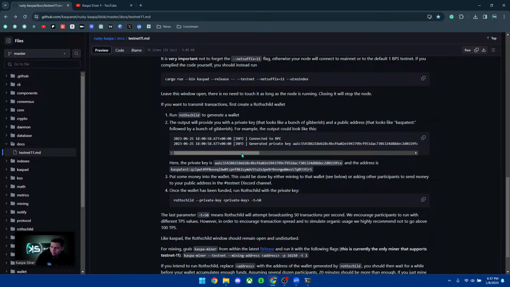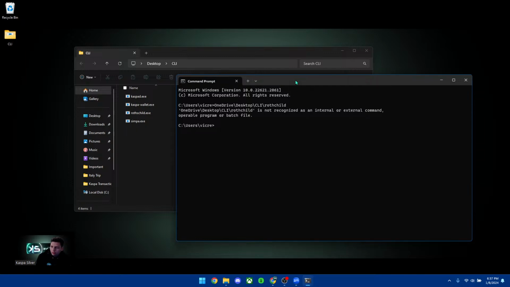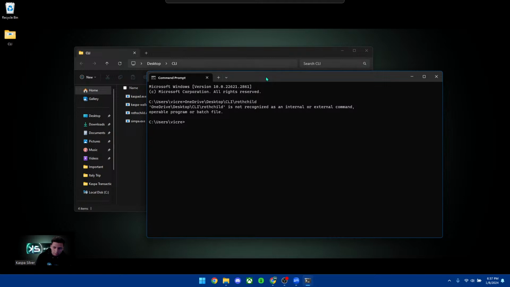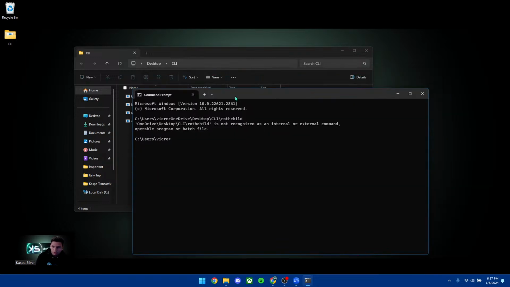For example, the output could look like this. Okay, so I'm just gonna go ahead and click enter on this. Okay, I'm assuming I might need the node to be running for this to work, maybe. Or I did it wrong. Oh no, I spelled it wrong. That's what I did. I'm not looking at the chat right now. I bet someone caught that for me.